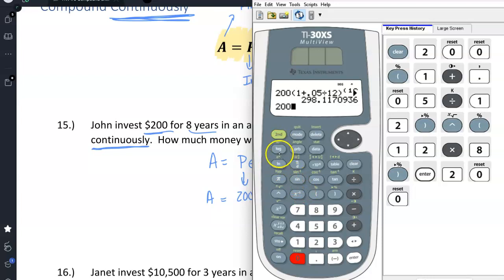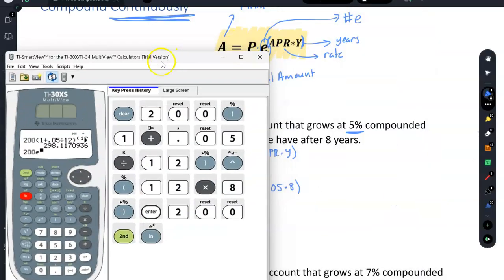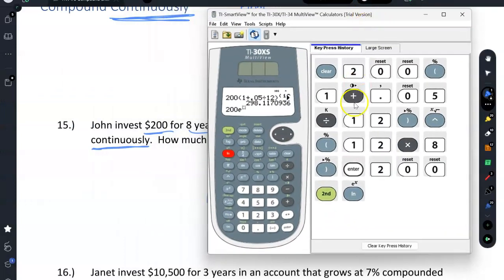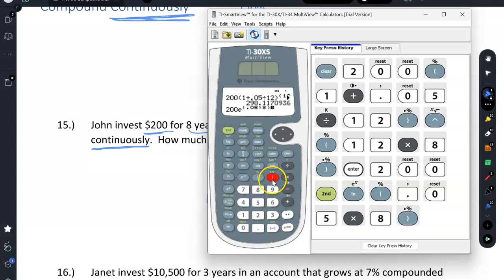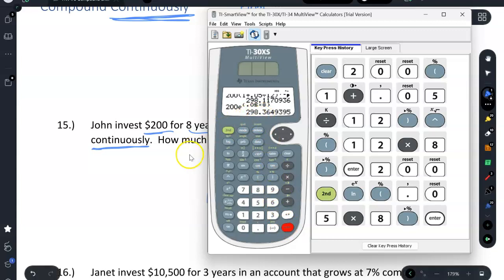I can see here in yellow, and make sure you're watching this in HD. I have E raised to the, if I hit second and then this ln, I get my E, and it's raised to 0.05 times 8. I'm going to go ahead and open up parentheses here, although with this calculator it's not necessary, times 8, and close my parentheses, press enter, and I get $298.36.